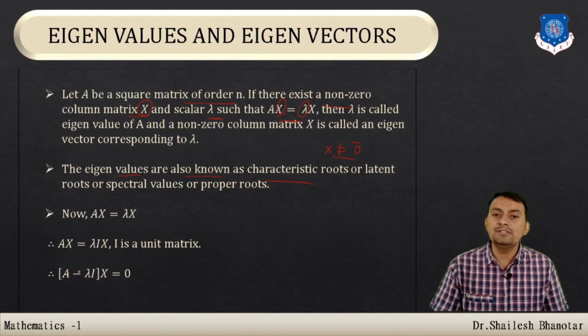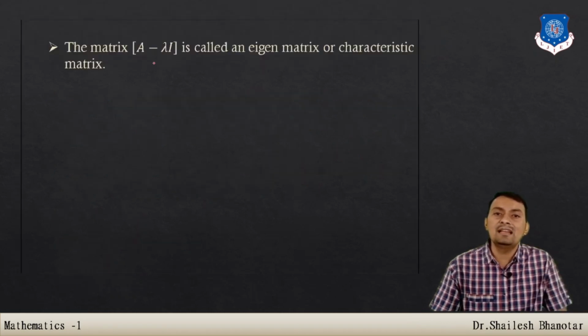When you simplify this and take X common, we have (A minus lambda I) X = 0. A minus lambda I is known as the eigen matrix, or the characteristic matrix.